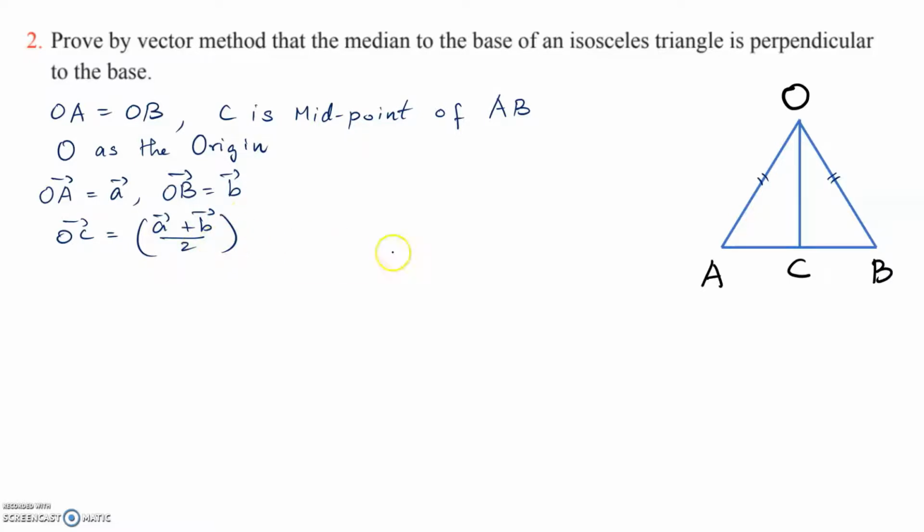Okay, because it divides AB exactly into 2 equal halves.